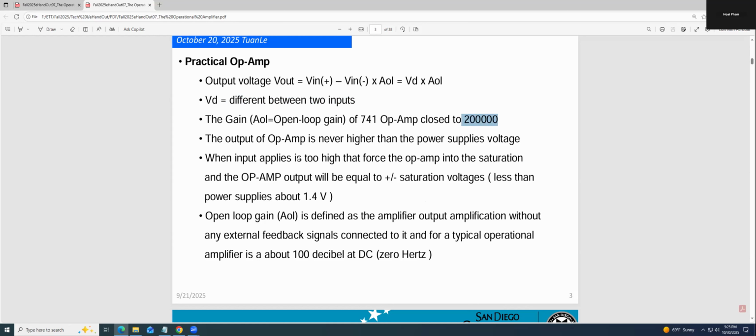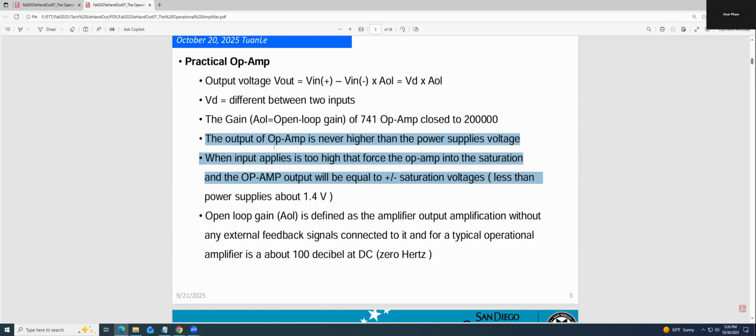The output of the op-amp is never higher than the power supply. Okay, you can see the gain is very high, 200,000. However, they're telling you the output of the op-amp is never higher than the power supply voltage.